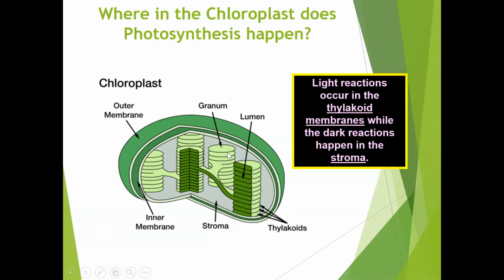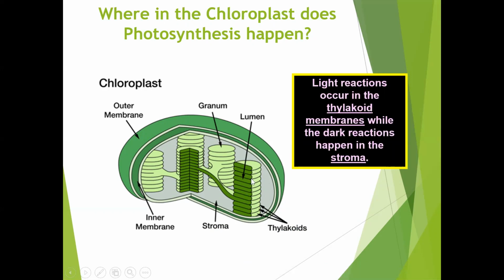Within the chloroplast, some important parts: we're going to see the thylakoids, which are these individual flattened sacs. Then thylakoids stacked together are called the granum. And then around or inside of the chloroplast is going to be stroma. So my analogy to remember these: the pancakes are called thylakoids.